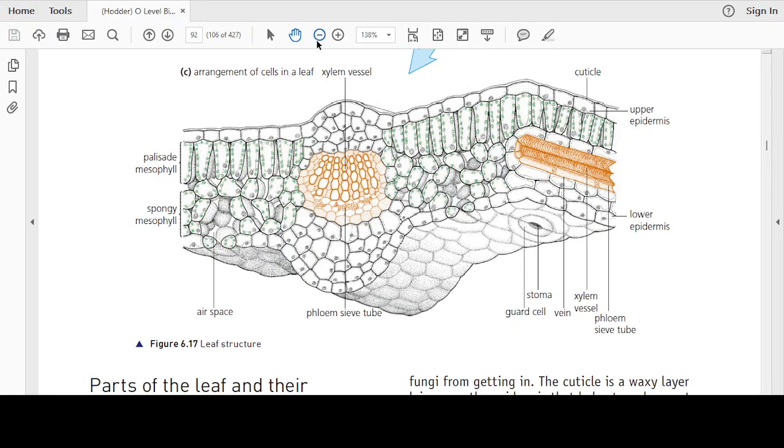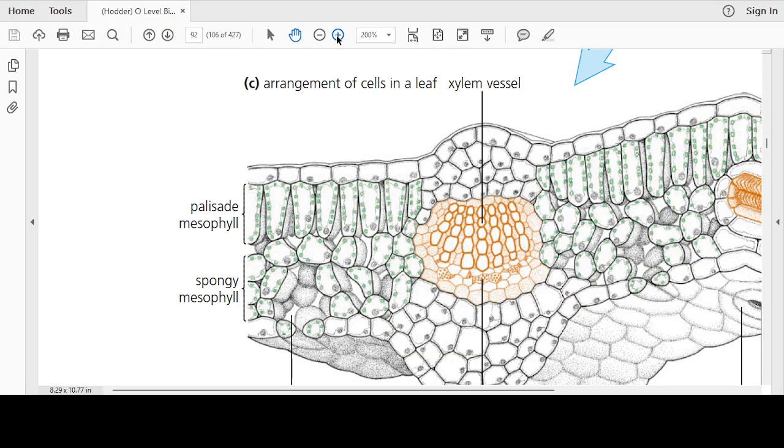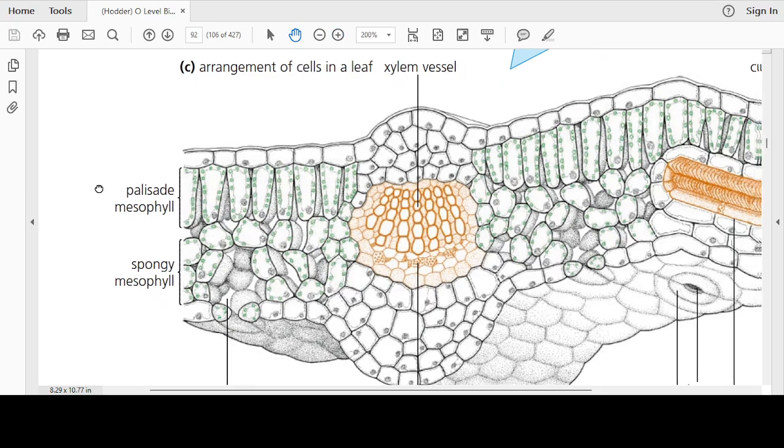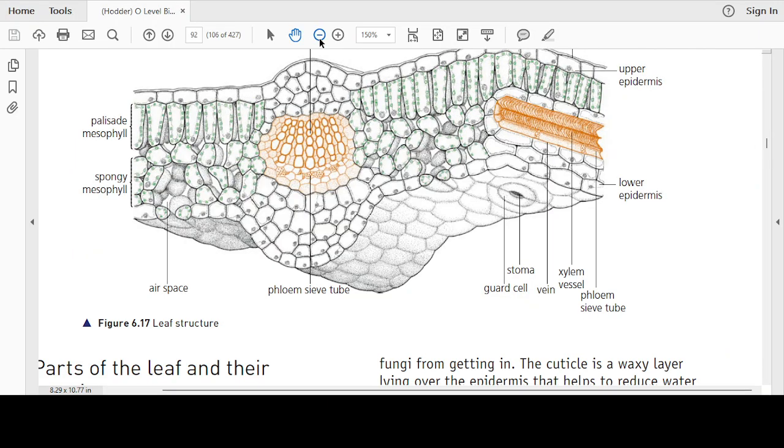Any questions about the structure of the leaf? What does the spongy mesophyll do? It does carry out photosynthesis, but primarily that happens in the palisade.